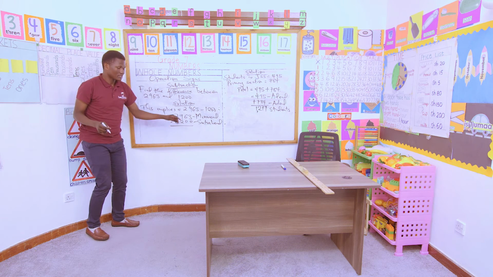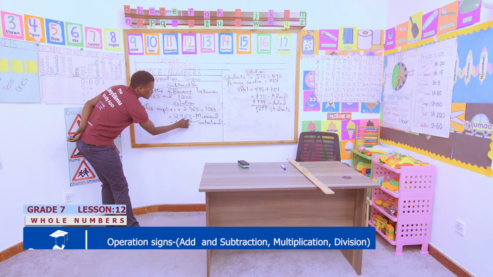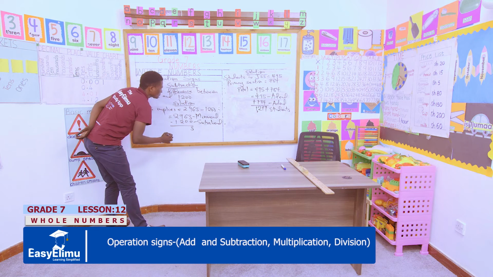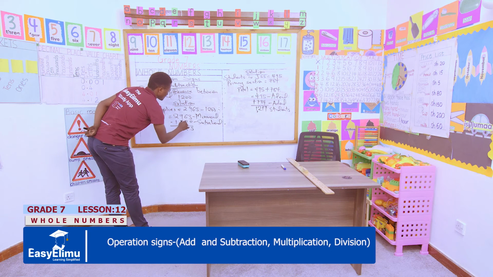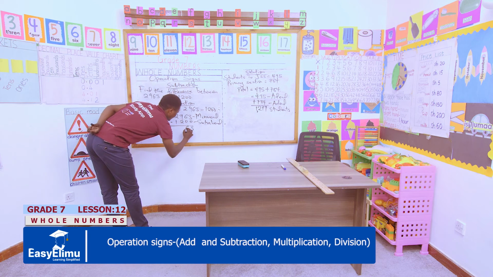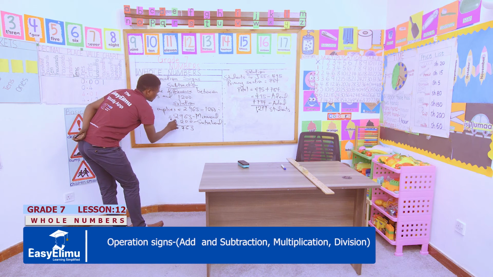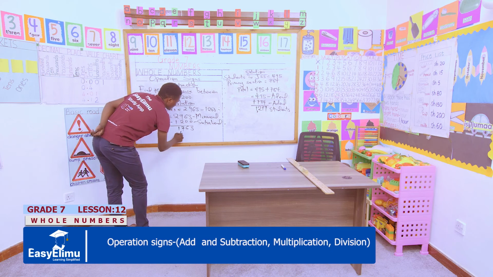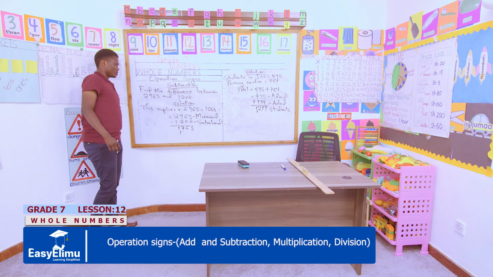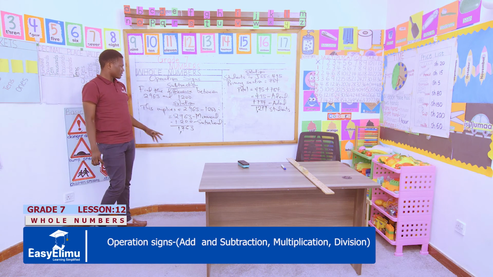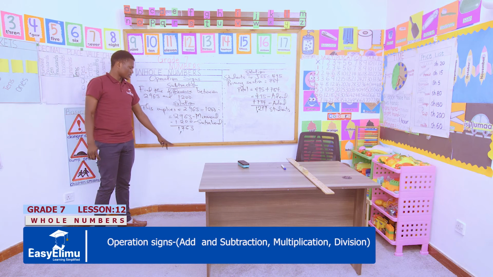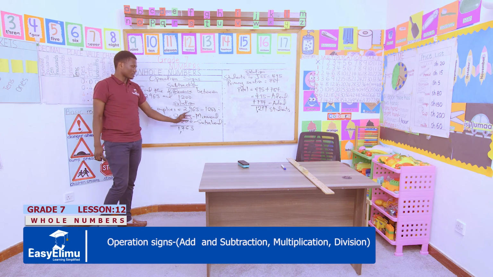So very first, let us solve this. 3 take away 0, that is 3. 6 take away 0, that is 6. 9 take away 2, that is 7. Then 2 take away 1, that is 1. So the difference between 2,963 and 1,200 is 1,763.